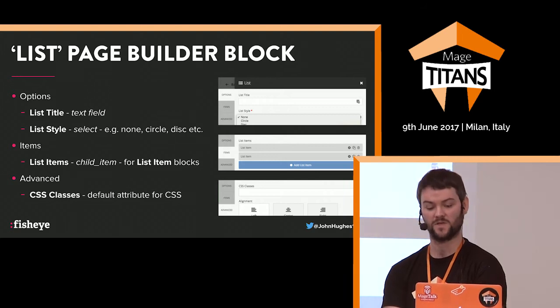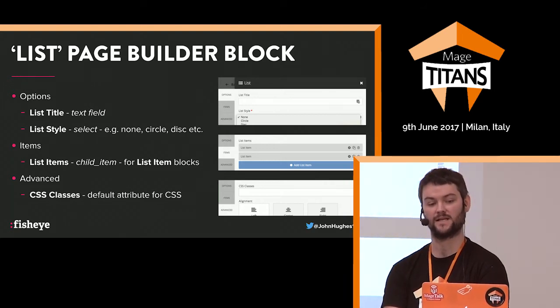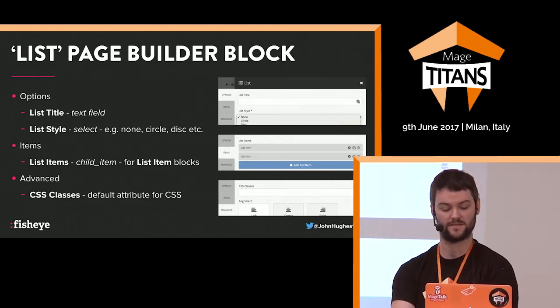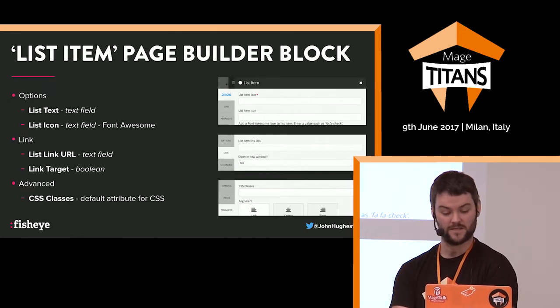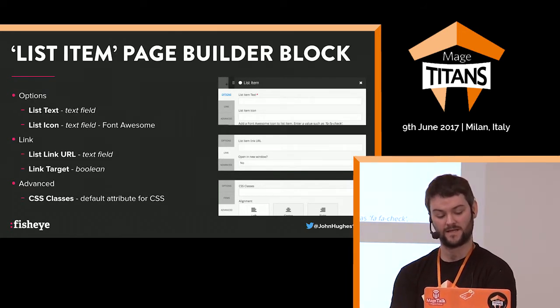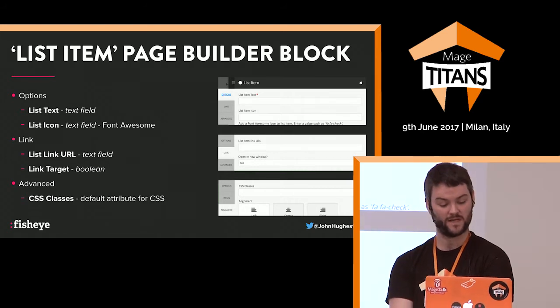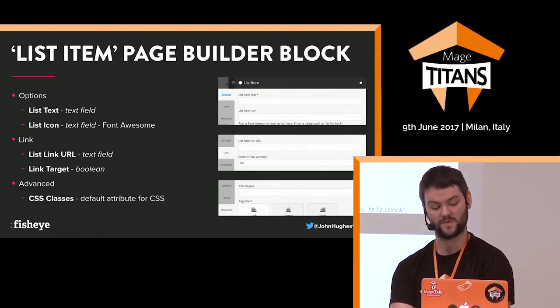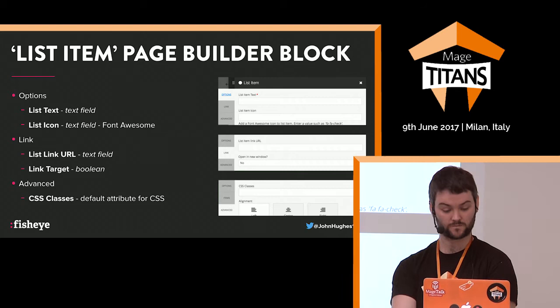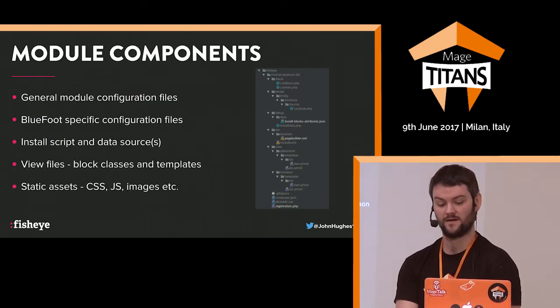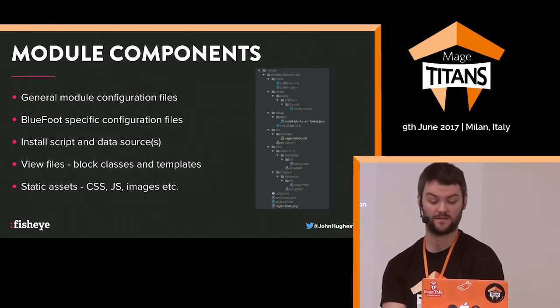This is just a default BlueFoot attribute that allows you to add custom CSS classes and metrics to any block, so it's always handy to include. And then for our child list item, we've got text and icon under the options group, link URL and target under the link group, and again, we've got CSS classes.